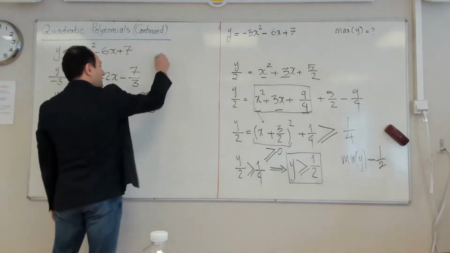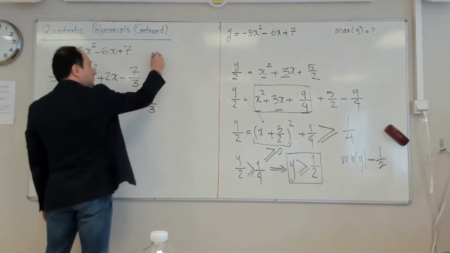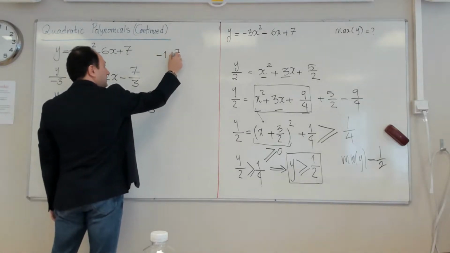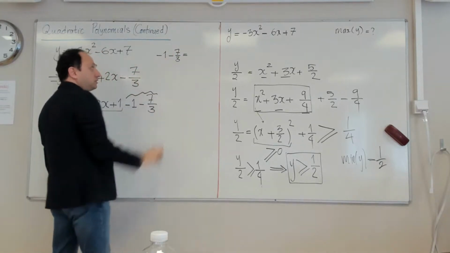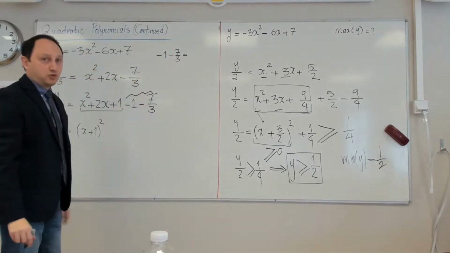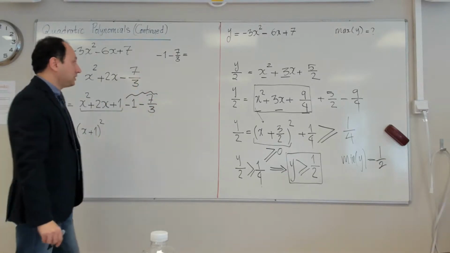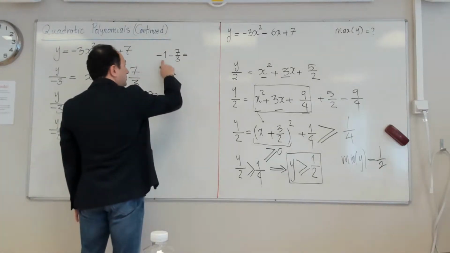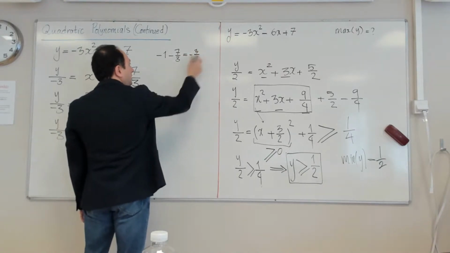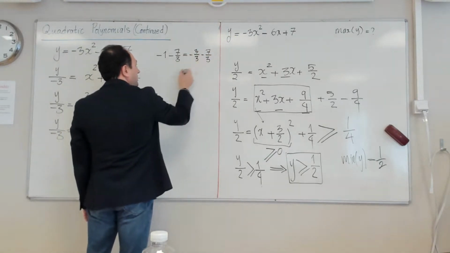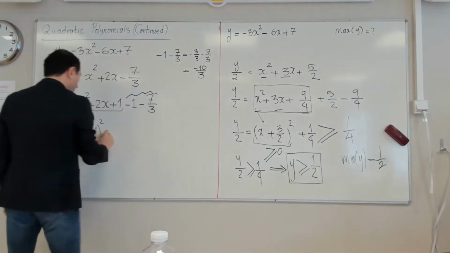You go to scratch paper, be careful, both of them are negative. So negative 1, negative 7 over 3. You have to keep it precise. Here, 7 over 3, you cannot write it with decimal points, not at all. You have to keep the exact value. So it becomes minus 3 over 3 to take the common denominator. So this becomes minus 10 over 3. So I would write minus 10 over 3.